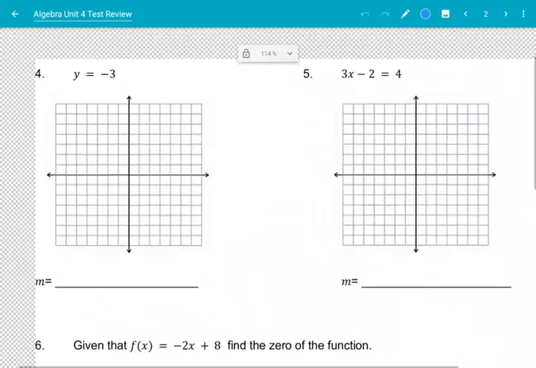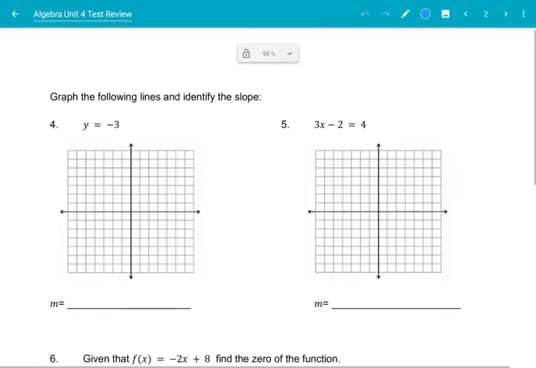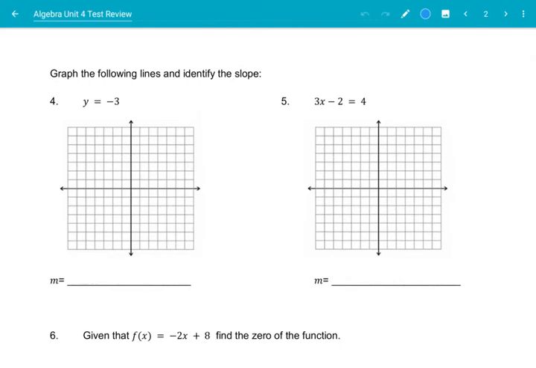Graph the following lines and identify the slope. Okay, well, this is just y equals a number. That means it's going to be a horizontal line with a 0 slope. So the slope is 0.